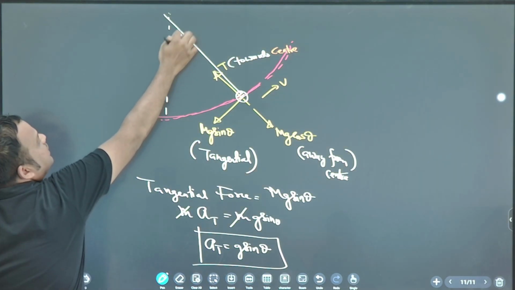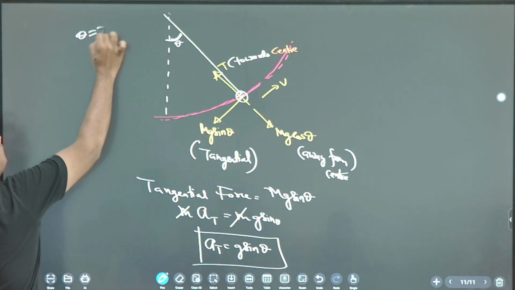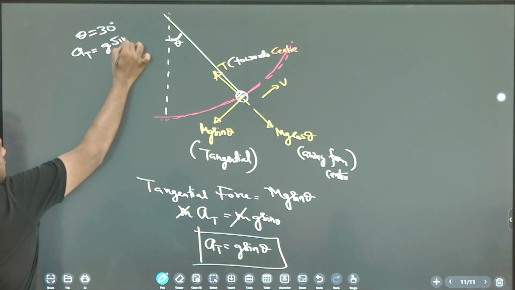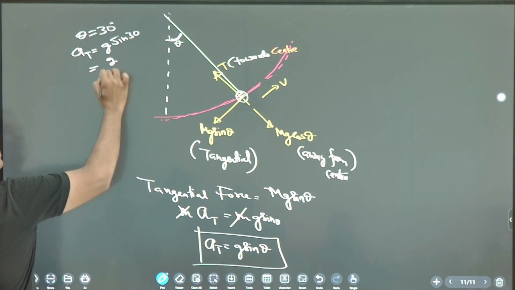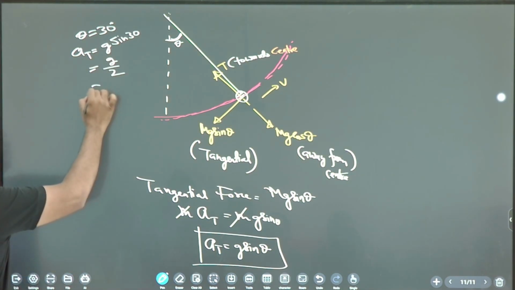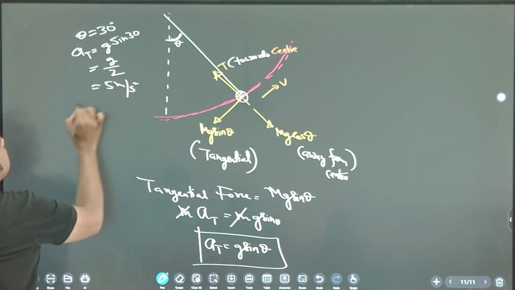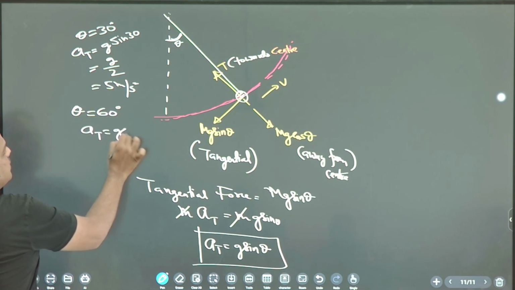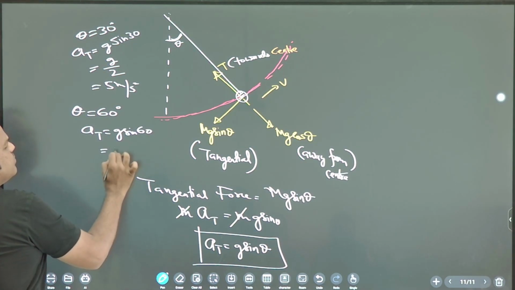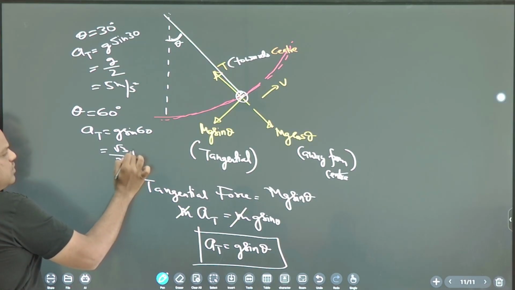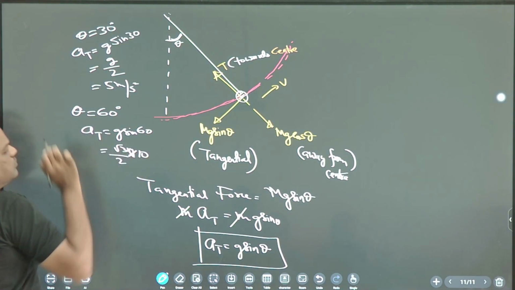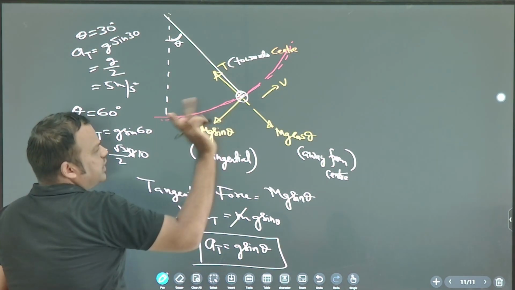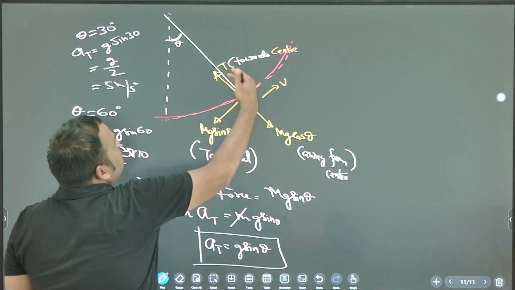If theta is 30, what is the tangential acceleration? g by 2, that is 5 meter per second square. If theta is 60 degree, tangential acceleration is g sin 60, that is 5 root 3 meter per second square. Fine.